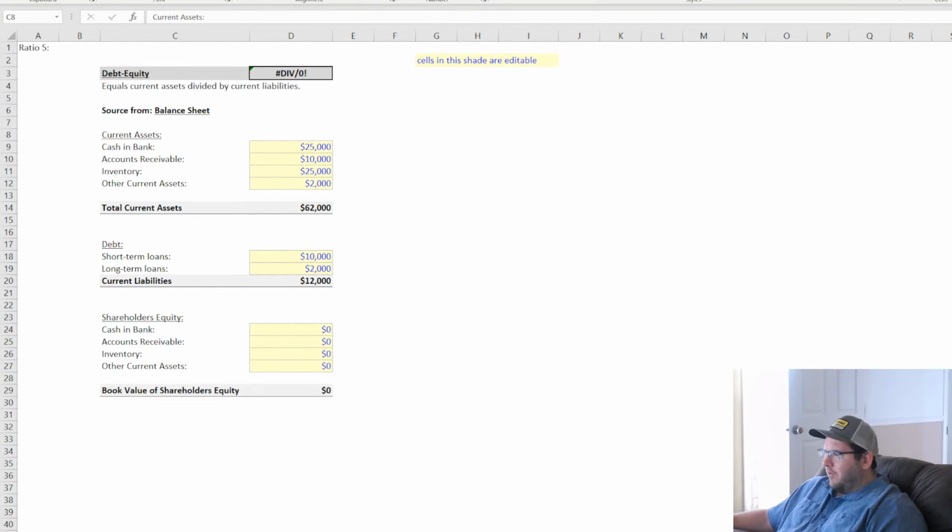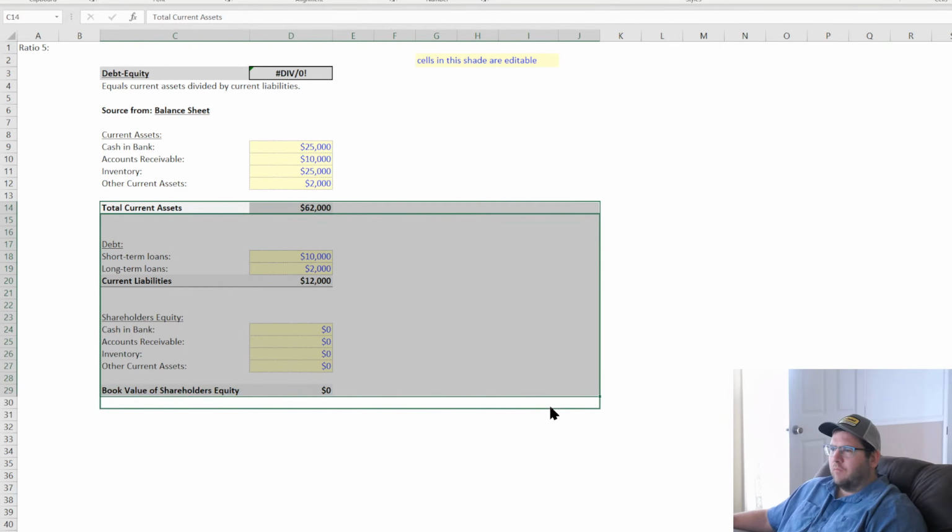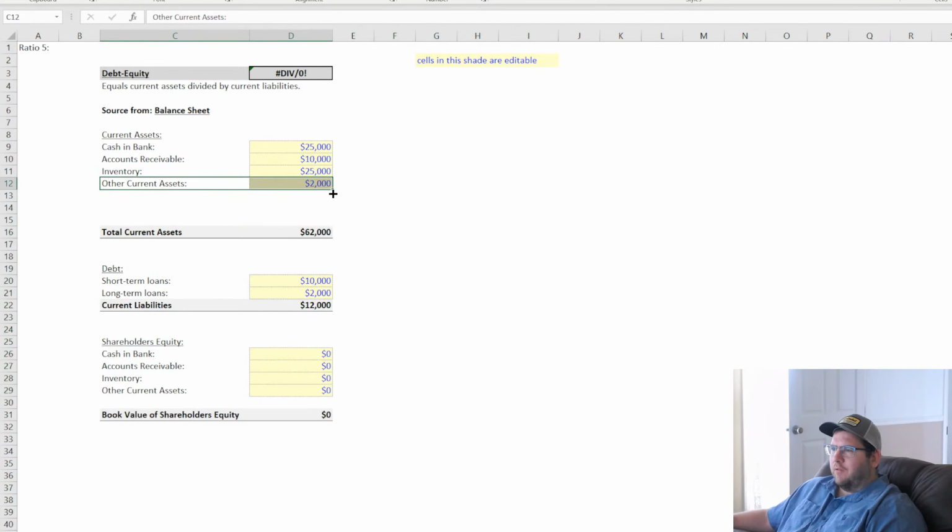Common stock. Okay. I don't think it's a contra shareholder. Okay, so let's get back in here. So preferred stock and tangible asset. Current assets are included.